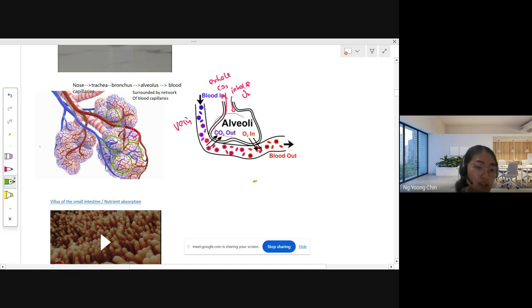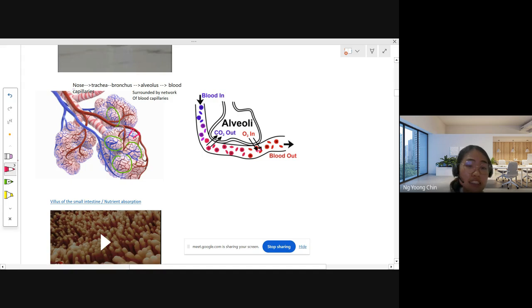I erase it first. This shows that our lung takes in the oxygen, and then passes the oxygen through the alveolus.